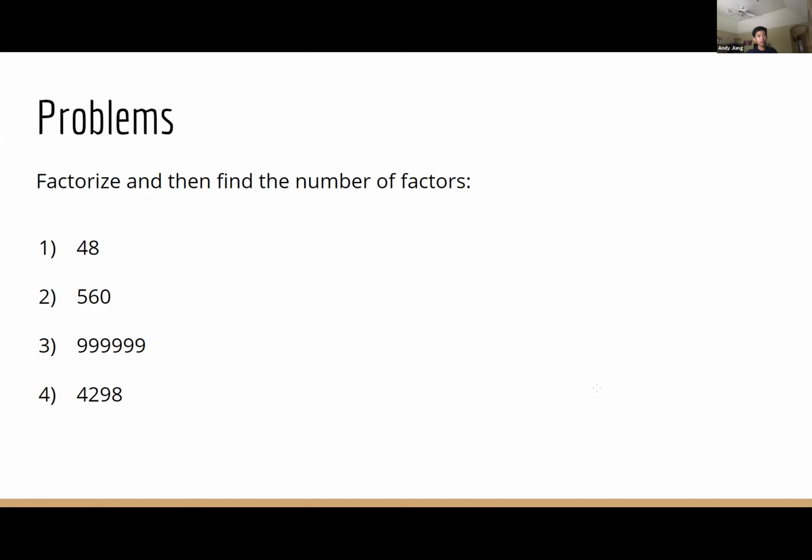If you want to, you can just put the number of factors instead of the whole thing. But I appreciate it.